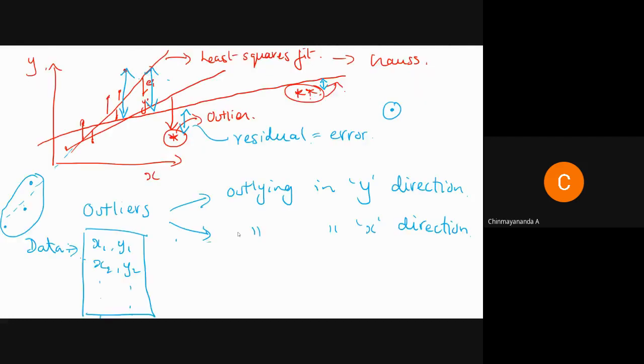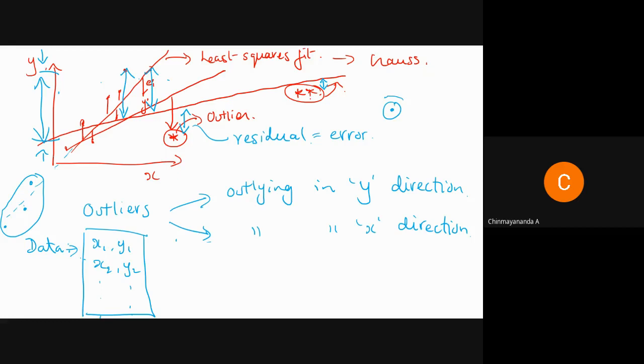The basic criterion is that x_k lies away from the bulk of the data. It doesn't say that y_k lies away from the bulk of the data. You see that the bulk of the data is in this region of the y-axis, right?